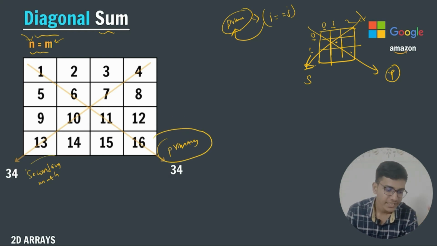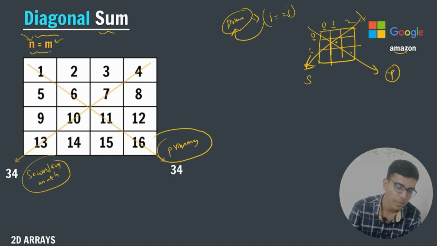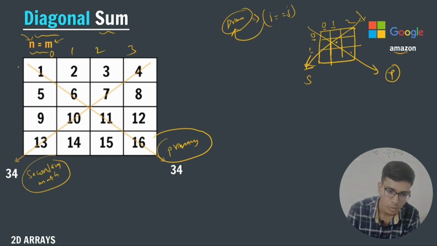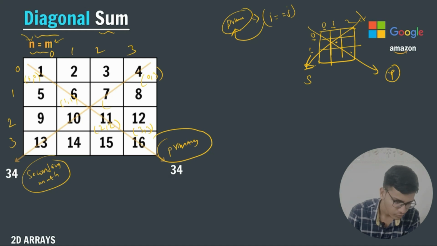After that, for the secondary diagonal, let me write the indexes here: 0, 1, 2, 3, 0, 1, 2, 3. The locations of the primary diagonal are 0,0, 1,1, 2,2, and 3,3. The locations of the secondary diagonal are 0,3, 1,2, 2,1, and 3,0.